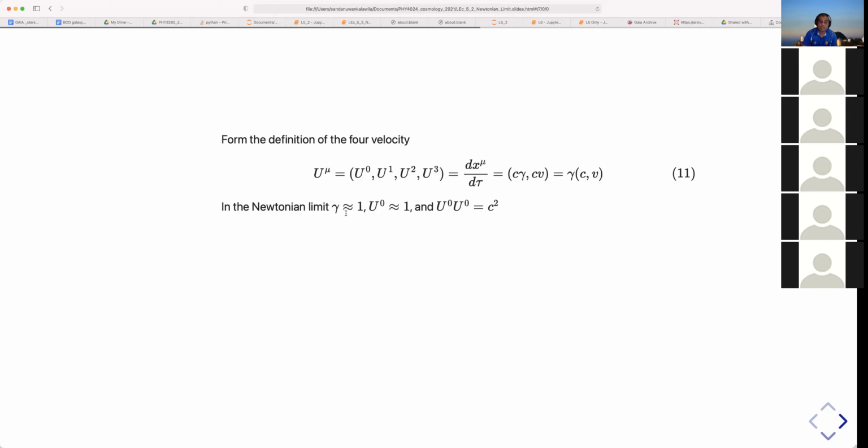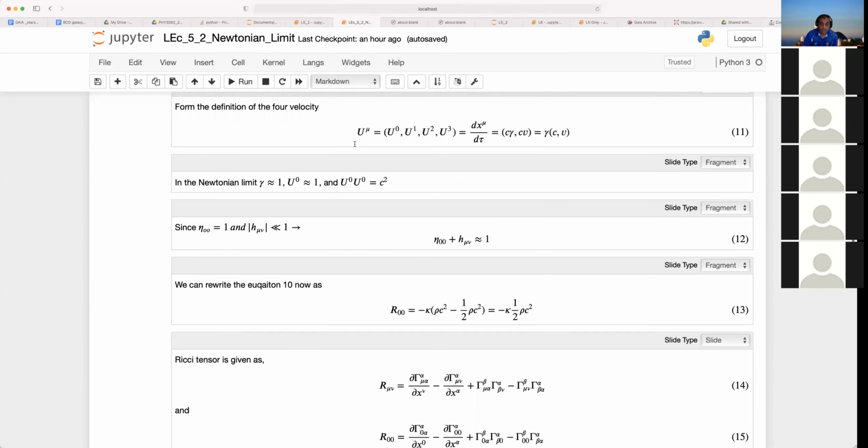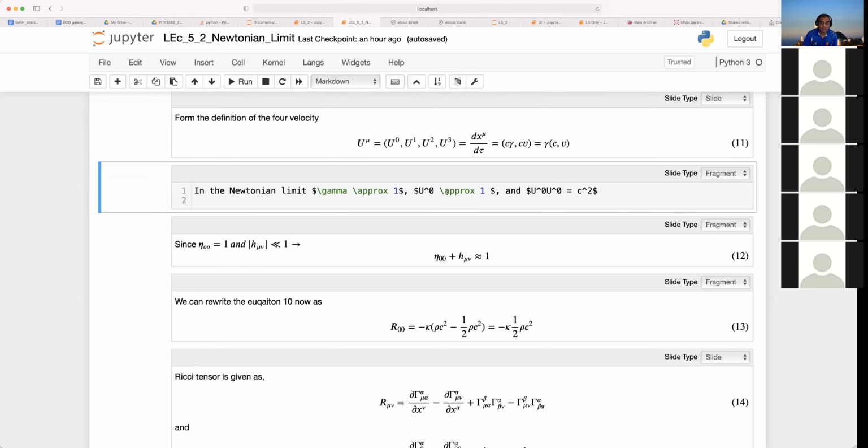So that's what I have mentioned here. And this U naught actually should not be 1, this should be c, right? So there is a small mistake here, we make that correction. So let me make it here. So this should actually not be 1. It should be c here.